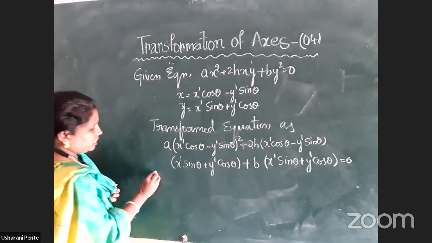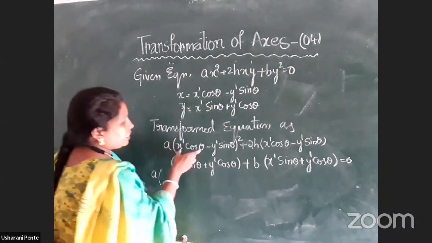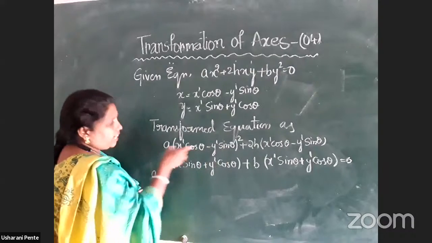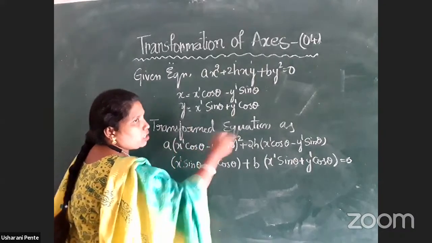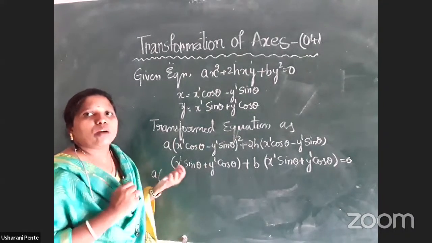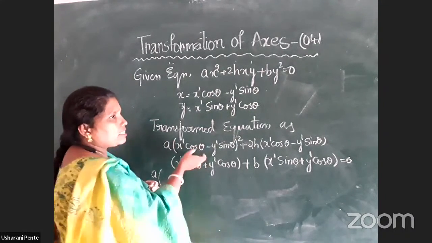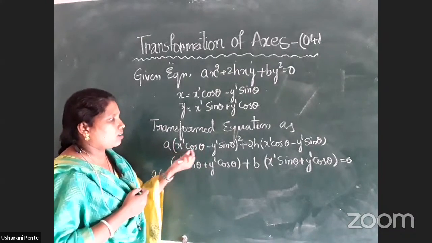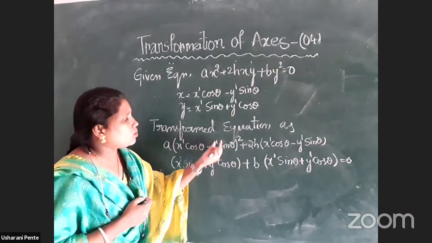That is a into, this is A, this is B. It is in the form of A minus B whole square. We know the expansion of A minus B whole square is A square minus 2AB plus B square. Here A is x dash cos theta while B is y dash sin theta.